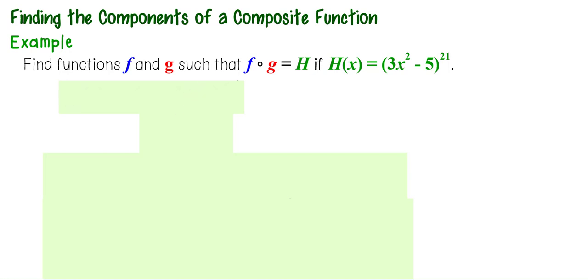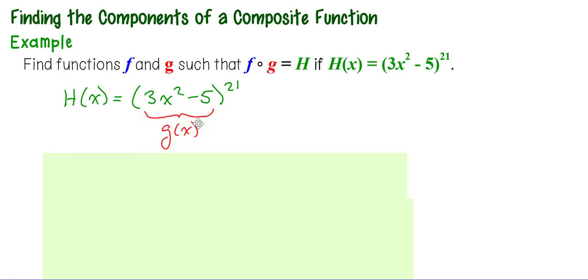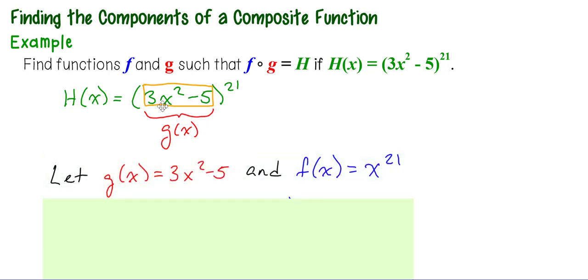So first off, looking at h of x equals 3x squared minus 5 to the 21st power, I first noted that I could use this 3x squared minus 5 as one function and then replace that in f of x with an x. So I took that 3x squared minus 5 and let that equal g of x.